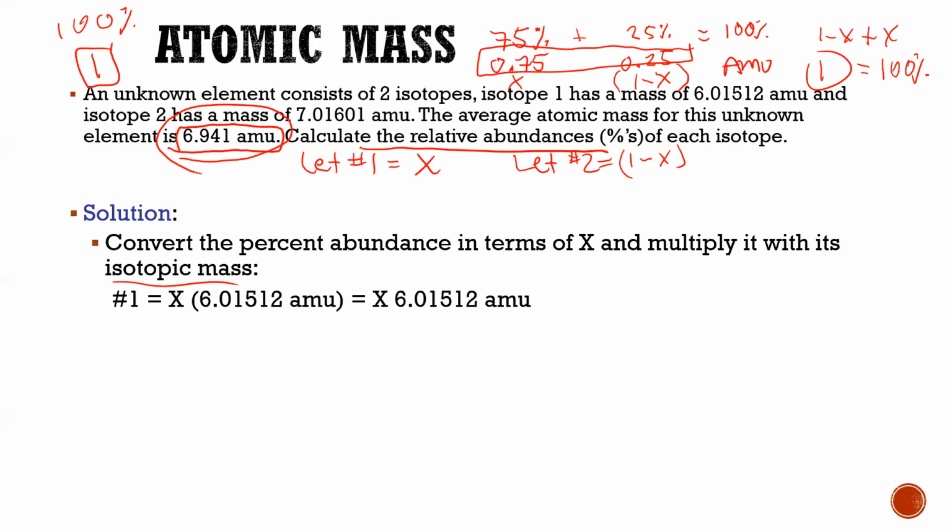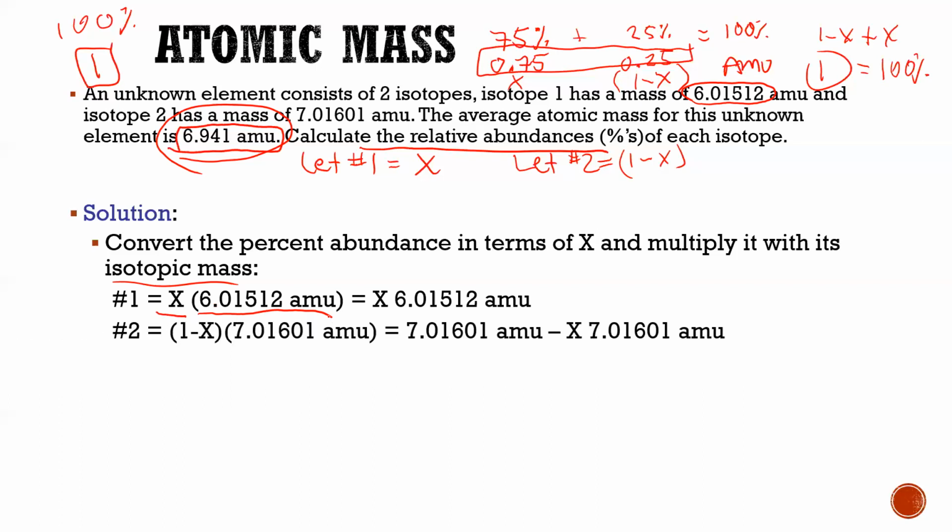Okay, isotope number 1. I'm going to say the relative abundance, that's going to be the unknown. I don't know what it is. I'm going to make it X, and I'm going to multiply that by the mass of the first isotope. So the first isotope's mass is 6.0152.